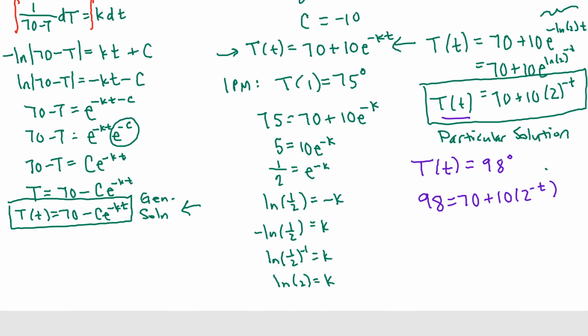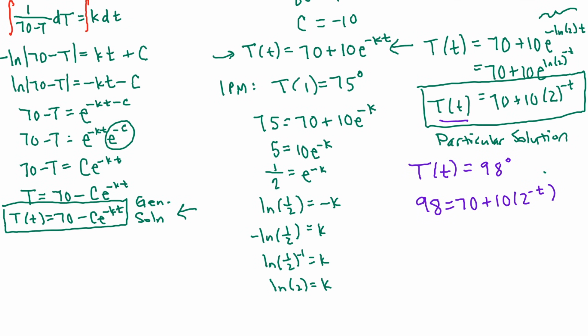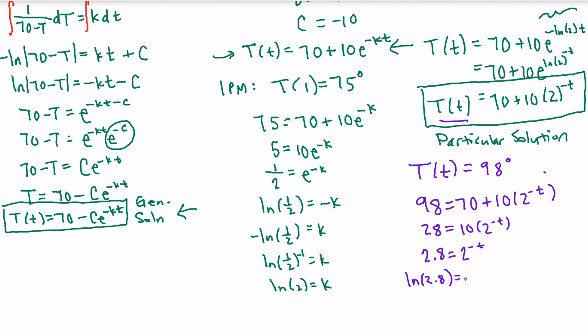So working out our algebra here, we're going to subtract 70 from both sides. Divide both sides by 10. Take the natural log of both sides. I'm going to move the exponent down in front as a coefficient.